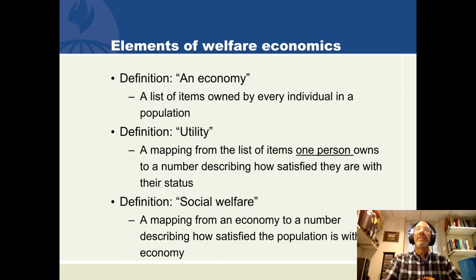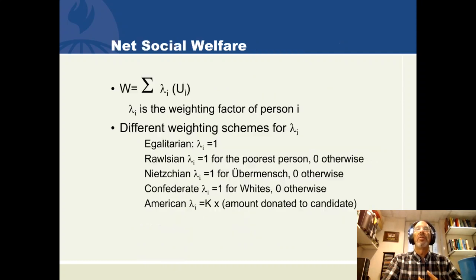So now that we have these definitions, an economy, the utility from the economy, and social welfare, we can start thinking about ways to make utility higher for one person, and we can think of ways to make social welfare better for an entire economy, and we can compare hundreds and hundreds of potential economies to ask which one creates the most social welfare, and that's where we're going.